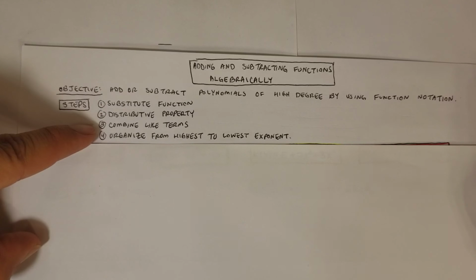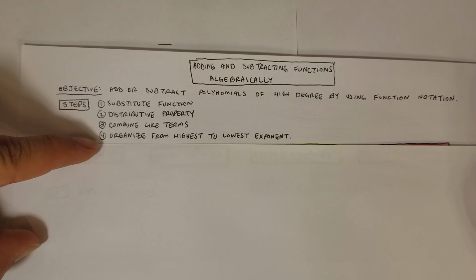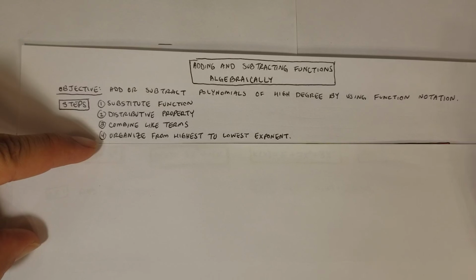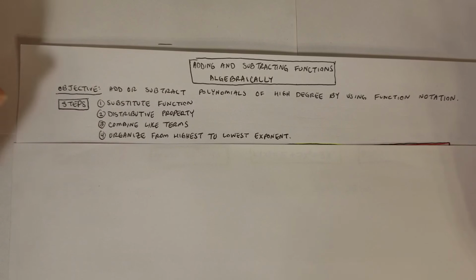So group all the numbers that belong together. Remember, for them to be like terms, they have to have the same variable or same variables and the same exact powers, or no variables at all. Lastly, organize them from highest power to lowest power to be able to get your final answer in the correct one. Okay, so I'm going to give you just a little quick run through on how to do this.